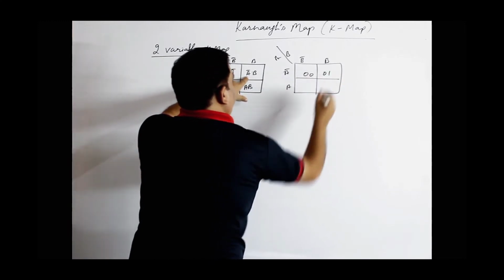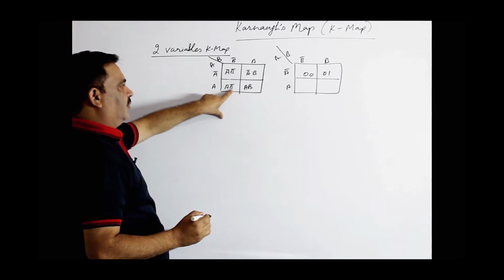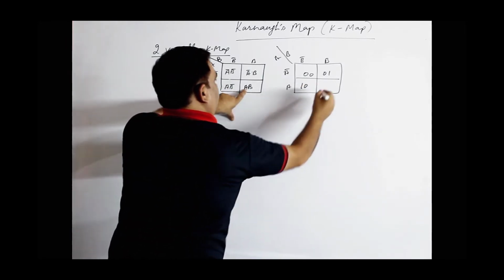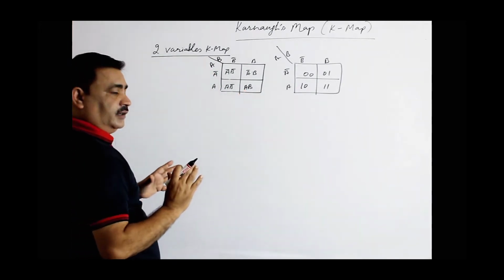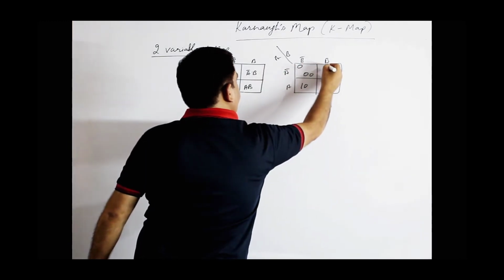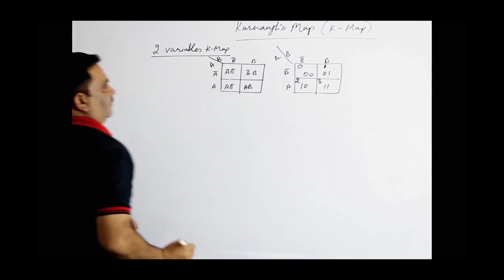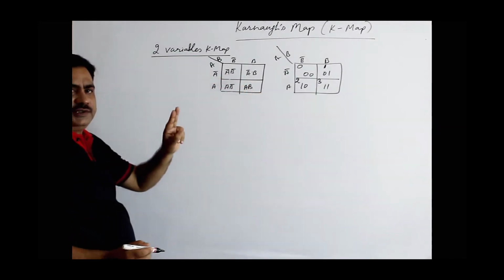Complement you take as 0, uncomplement as 1: uncomplement, complement is 1, 0. Both are uncomplement, 1, 1. When you write the decimal numbers, the decimal numbers are 0, 1, 2 and 3. This is the pictorial representation of the K-map for 2 variables.